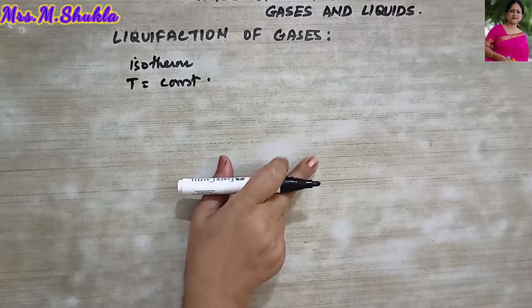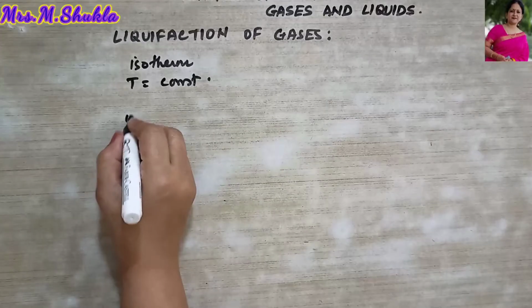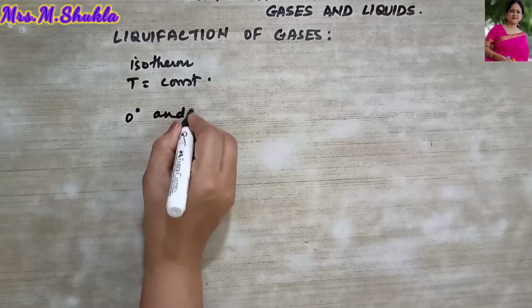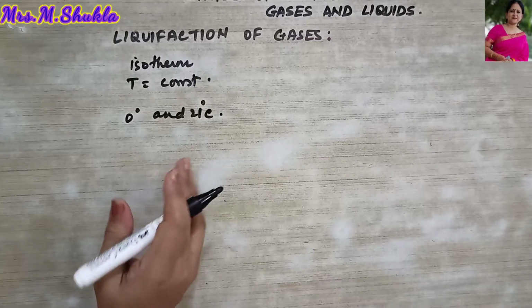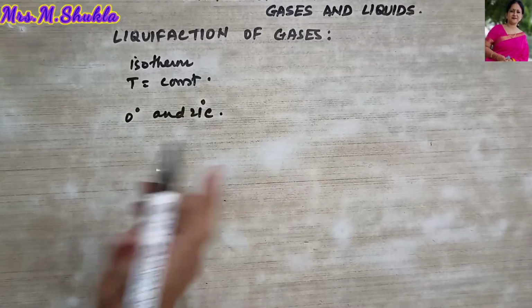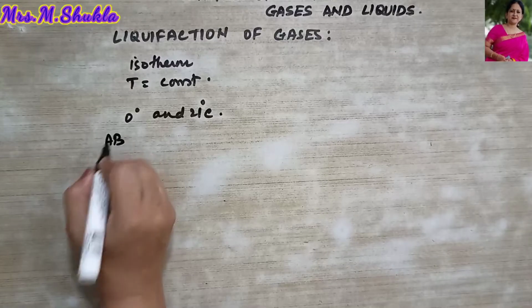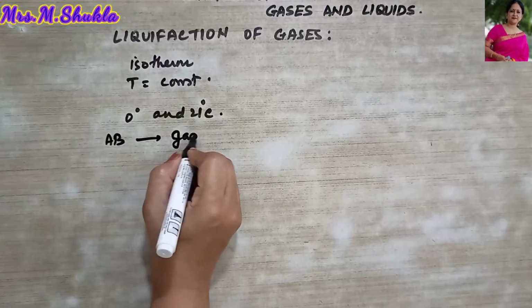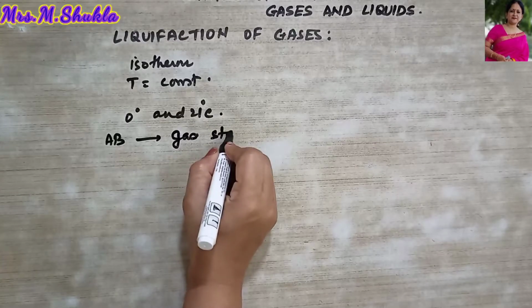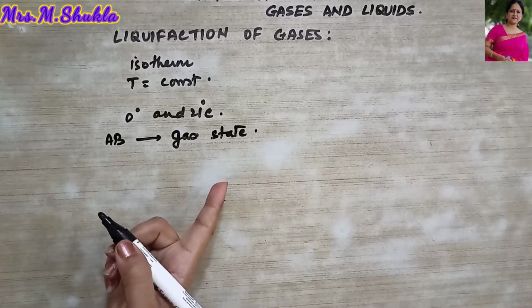If you look at the curve at 0 degrees and 21 degrees Celsius, this is divided into 3 parts. What are those 3 parts? Look there, AB. First part is AB, which is in its gaseous state.